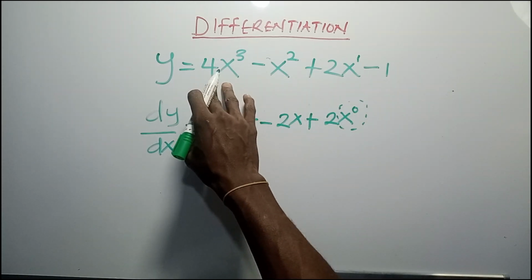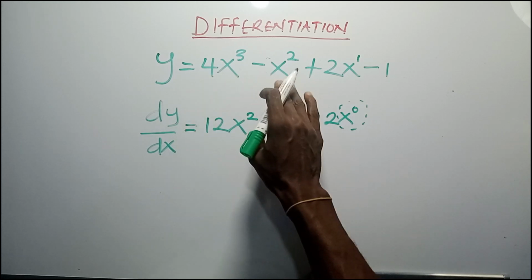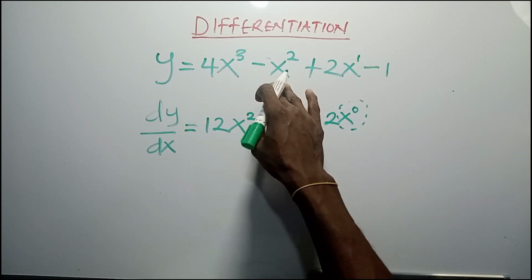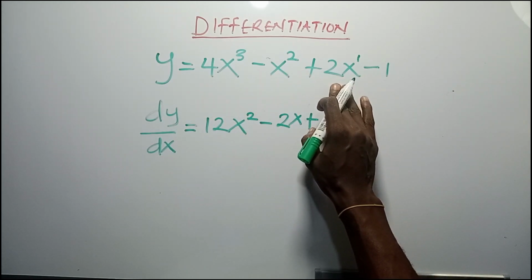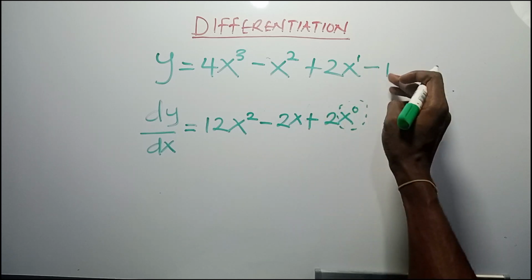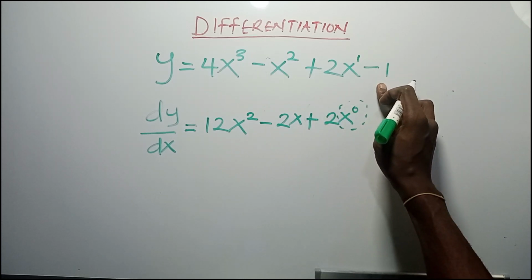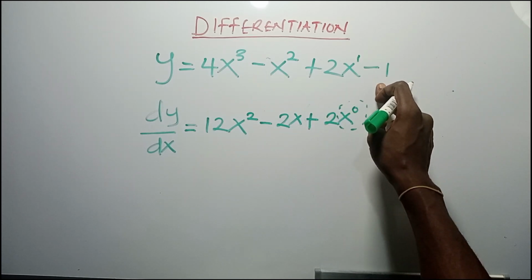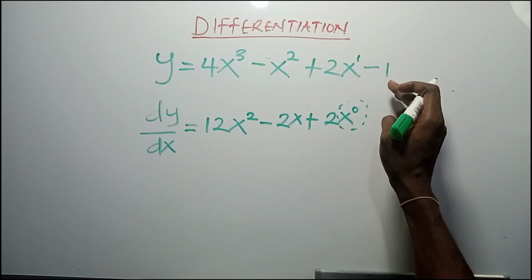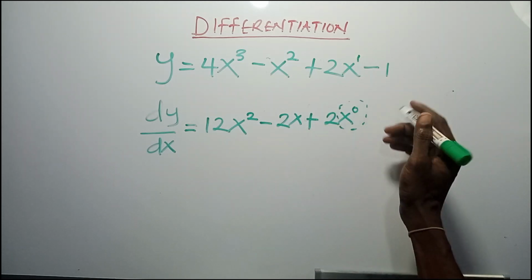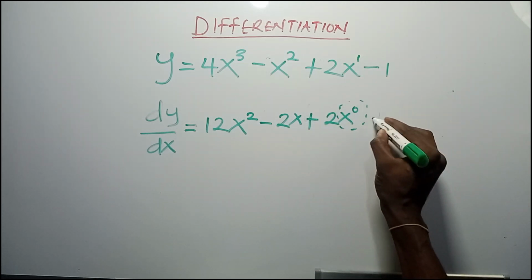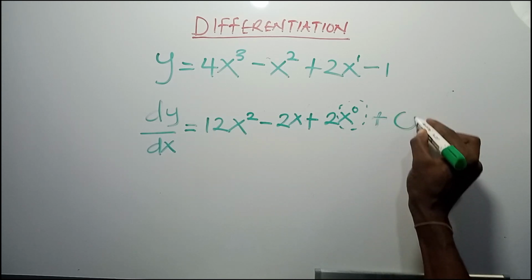This term here has x attached to it, it is not a constant. This term here has x, it is not a constant. This term here has x attached to it, it is not a constant. But this does not have x attached to it, therefore it is a constant. And in differentiation, when you differentiate a constant, it is equal to 0. So we have 0 here.